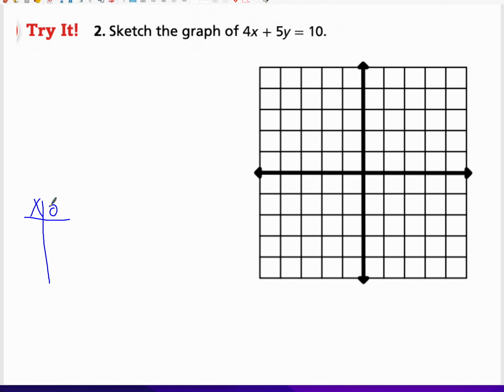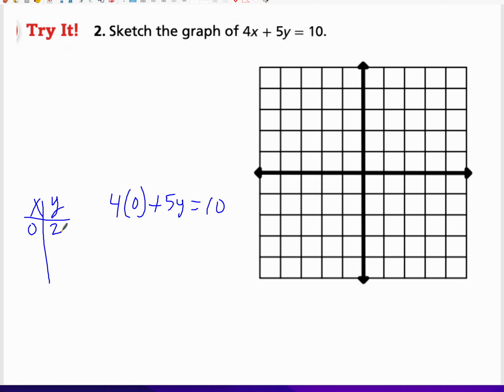So if I put a 0 in for x, 4 times 0 plus 5y equals 10. What is the y-intercept? It is 2.